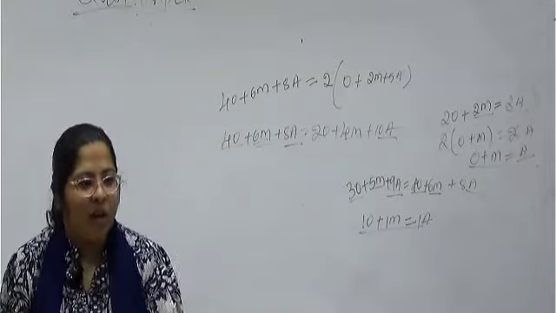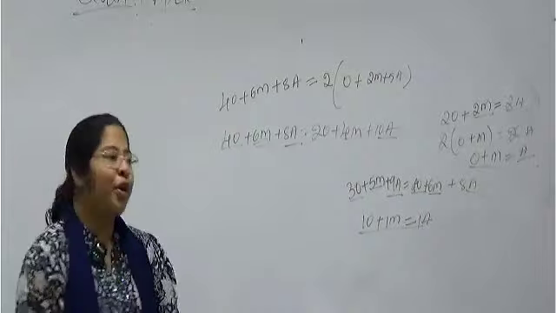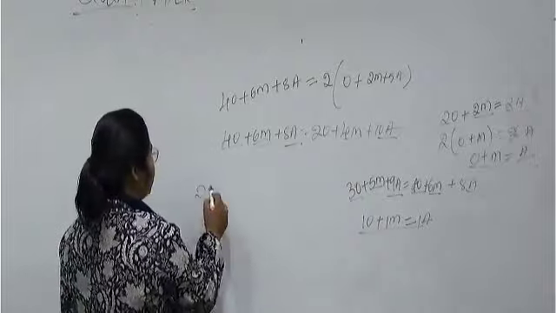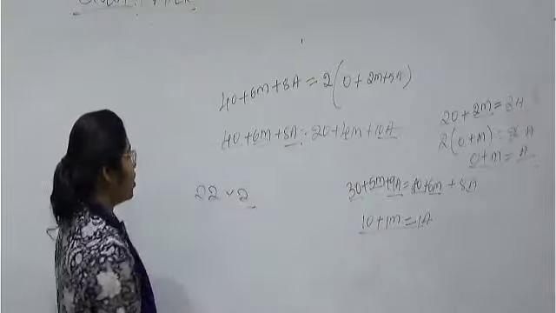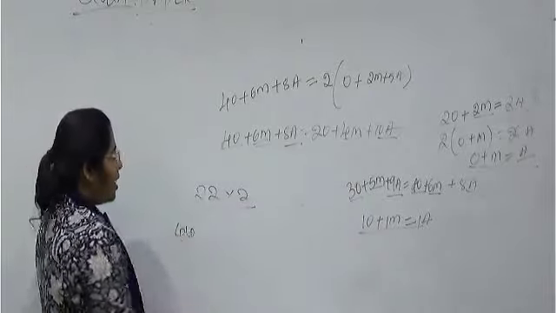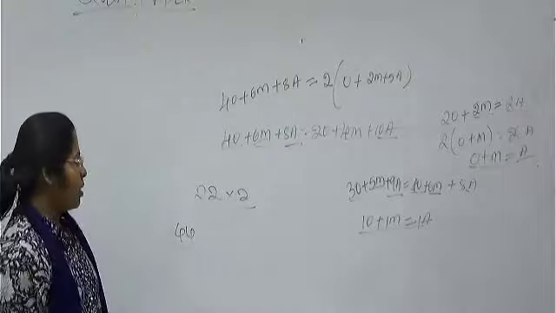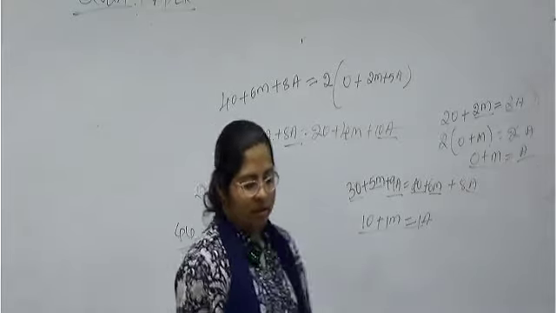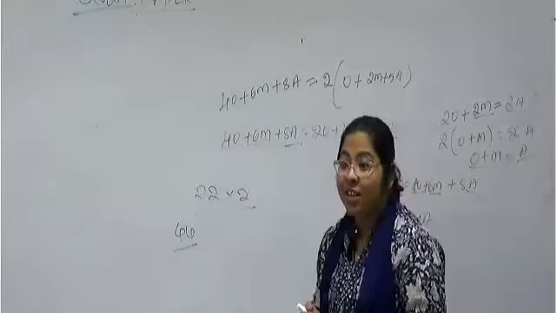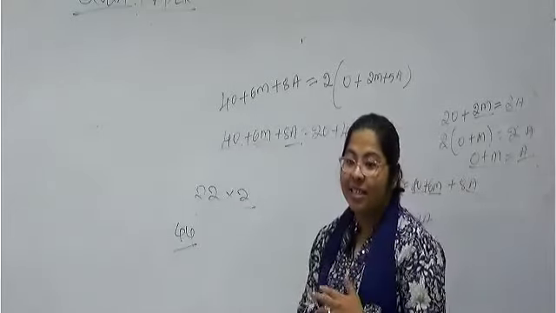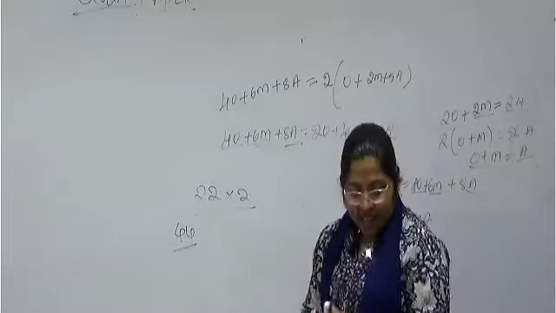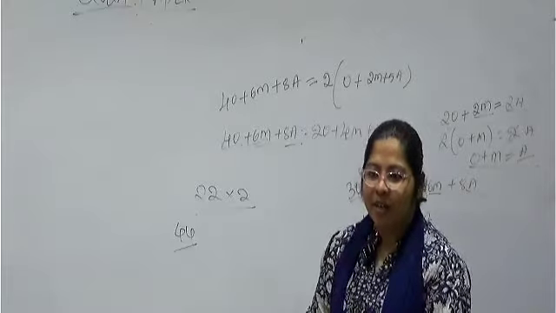I thought 22 questions. 22 into 2.5 is how much? 22 into 2 is 44, and by 4, 44 by 4 is what? 55 marks. I want for cut off how many marks? 60. Another 10 marks, and there are so many numerical questions also left.